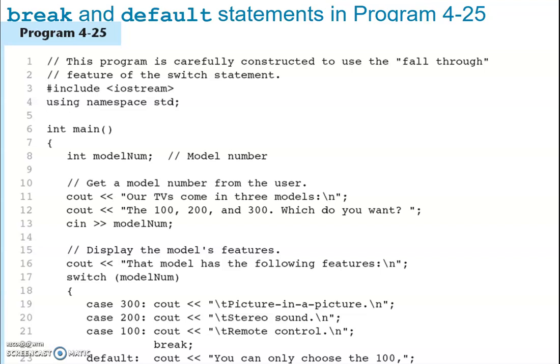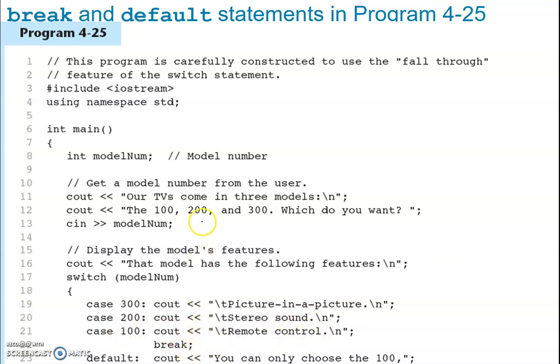The user's asked to enter the model of their TV. If it matches with 300, because there's not a break, it will execute that it's got a picture-in-a-picture option. It will also execute stereo sound as an option, and it will also execute that it has a remote control, and then it breaks.